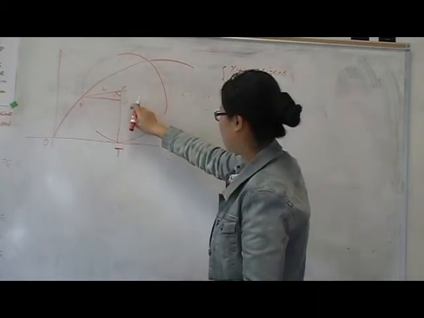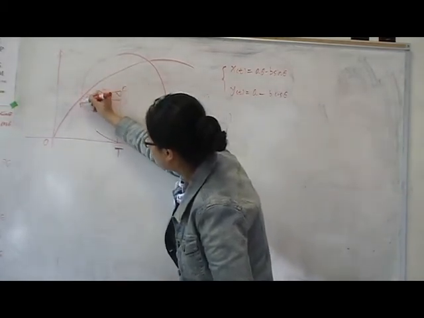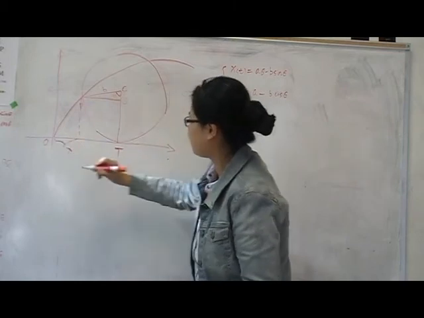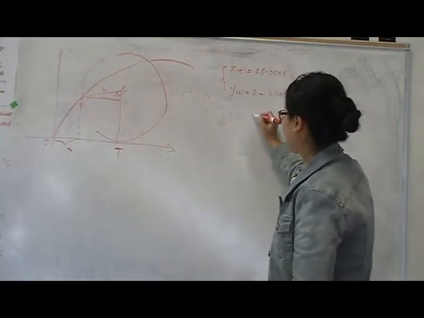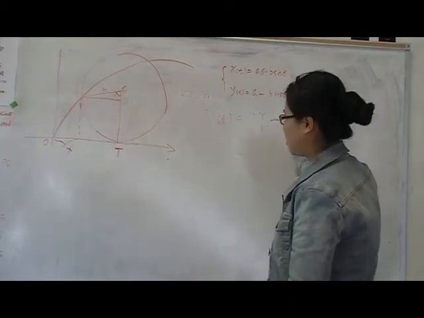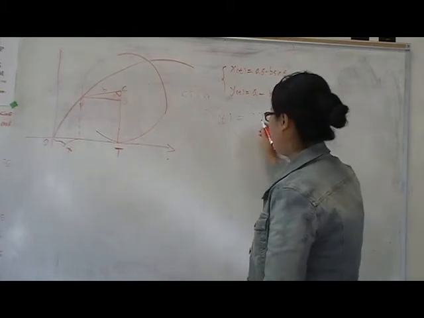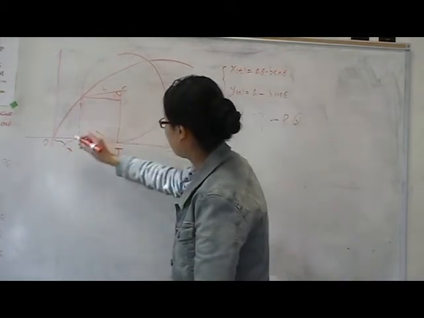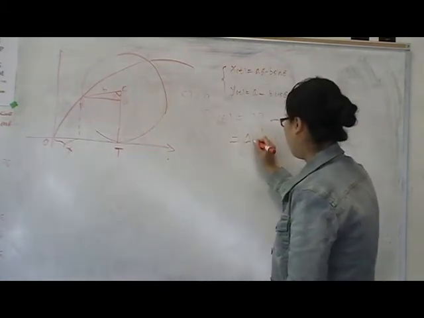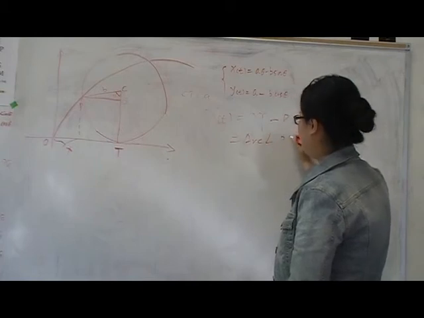In this case, x(t) is OT minus PQ. And OT equals arc length PT.